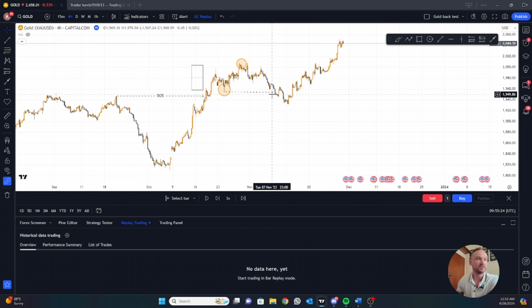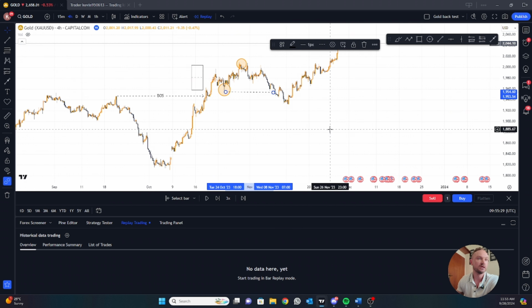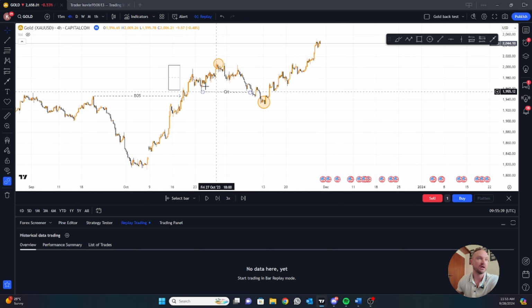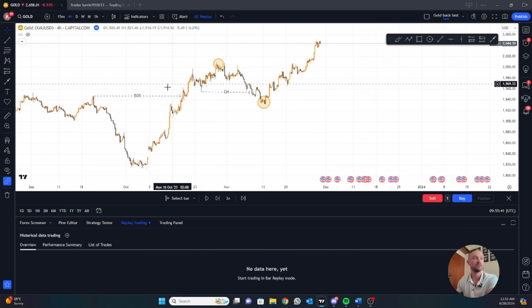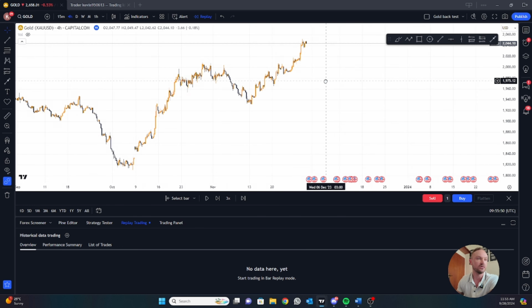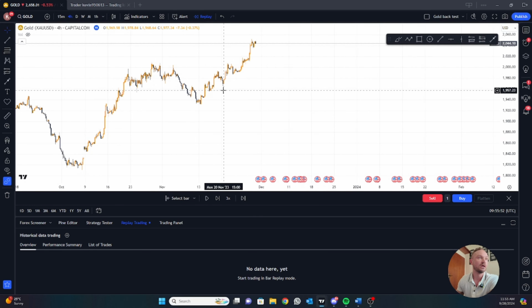So once the break of structure or change of character has occurred here, this high will stay there and my new low will be this position, where I will then draw my Fibonacci again and wait for the retracement. Okay, so let's forward test the strategy and you'll see what it looks like in action.